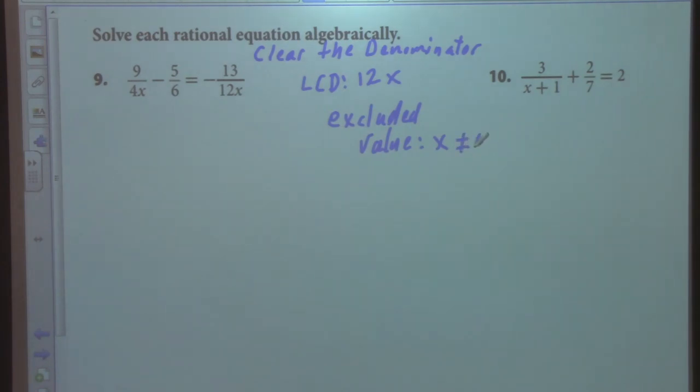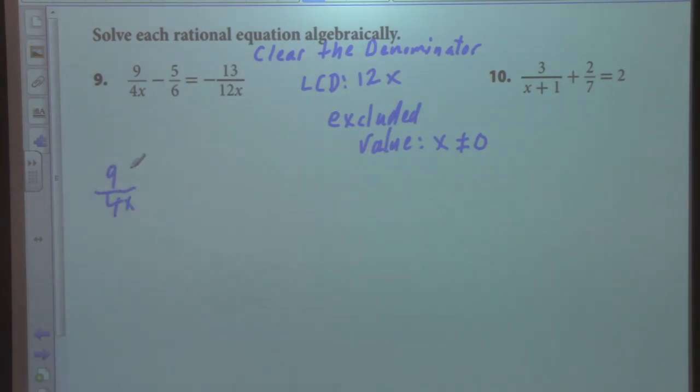X cannot equal 0. That's our excluded value. Now we're going to work this problem out by multiplying every term by our least common denominator. If this is the least common denominator, it's going to succeed in clearing the denominator.